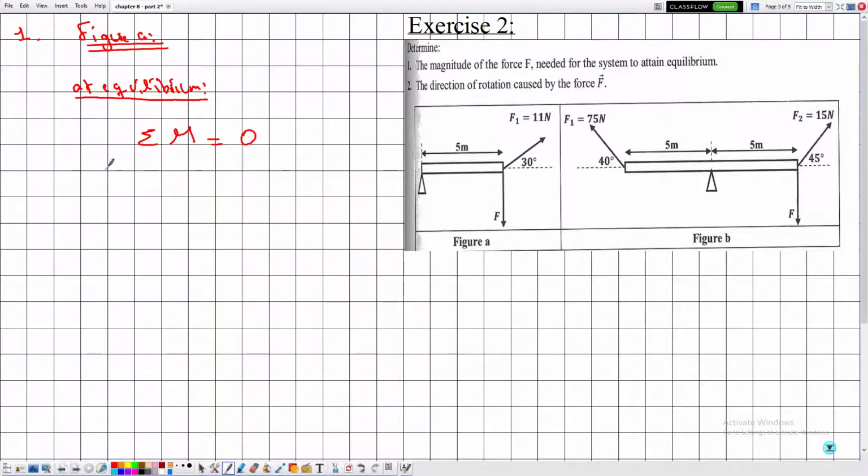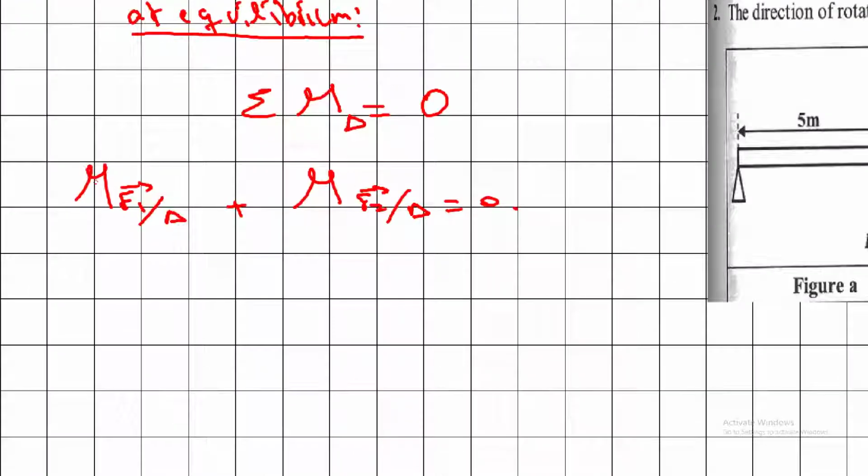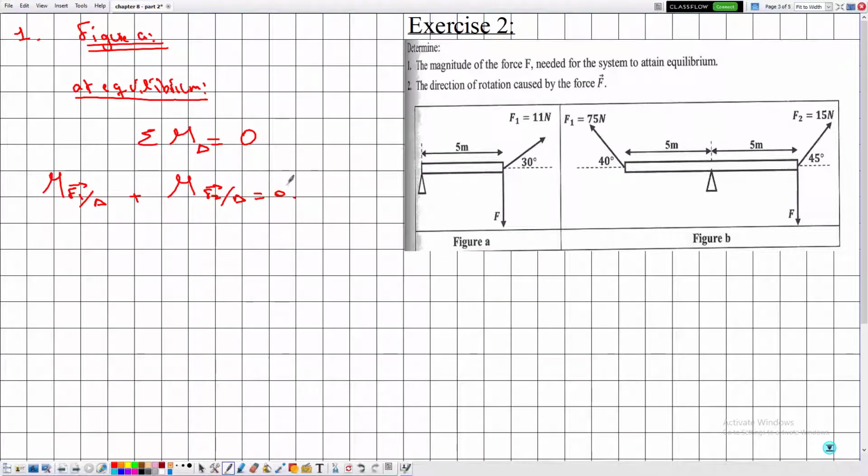So what are the moments that are acting on the beam? We have the moment due to the force F1 around delta plus the moment due to the force F around delta equal to 0. Now we are interested in determining the expression of each one. Sorry, here we don't have F2, we have F.